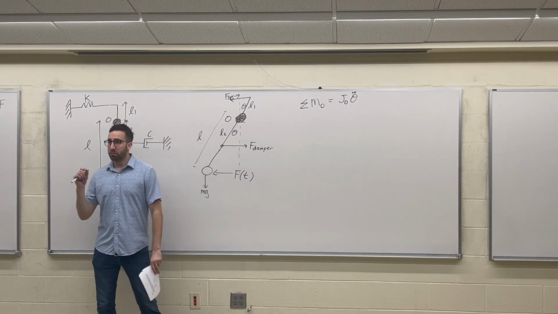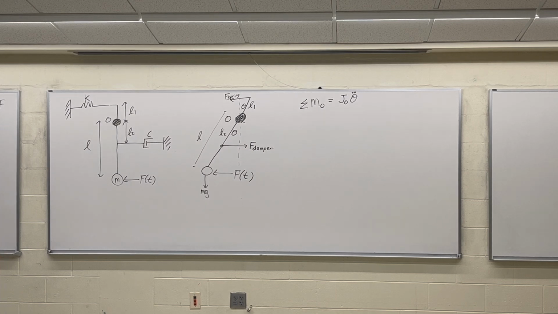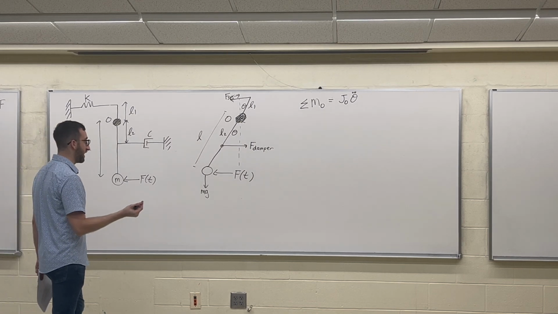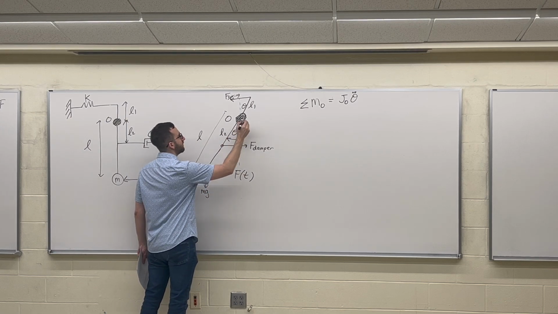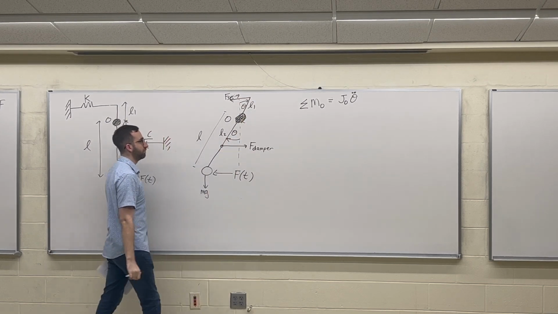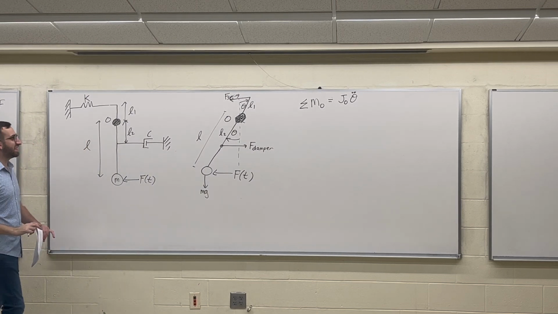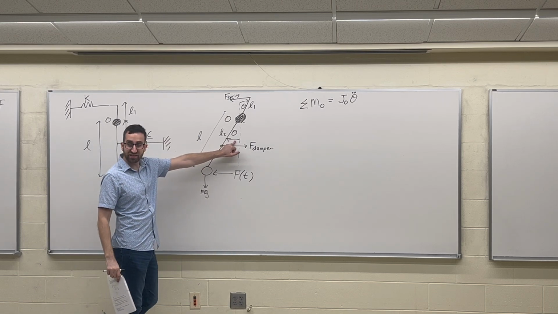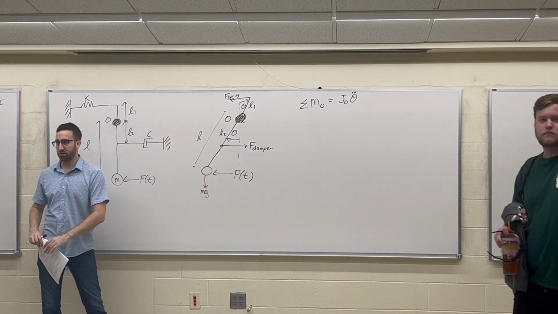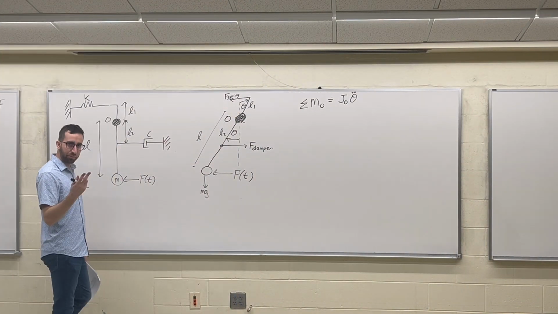Now, I didn't mention this enough, or really at all, when we did pendulums. I want to talk about the signs of moments for a second. So if this is going to the right, that is the direction that the angle is being formed in. That's a positive theta. Is mg working to try and increase theta or decrease theta? Decrease. So is it a negative or positive moment?